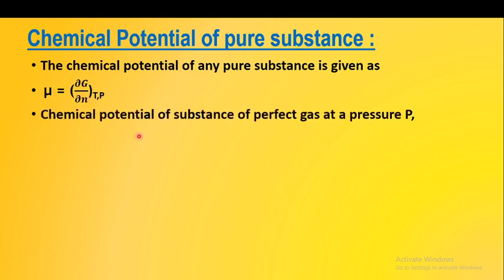And the chemical potential of a perfect gas at a pressure P can be written as mu is equal to mu 0 plus RT ln P upon P0.